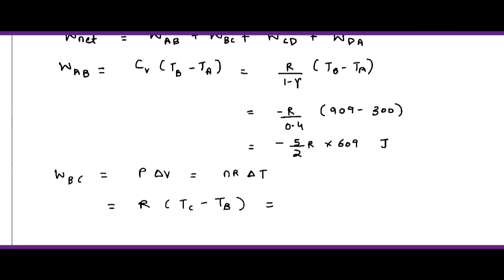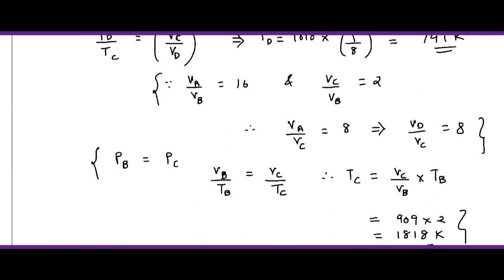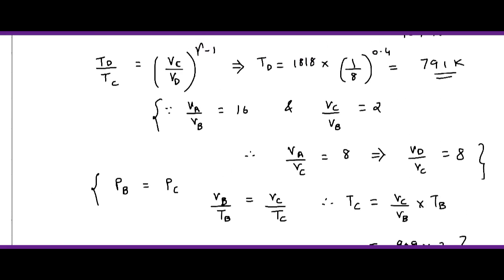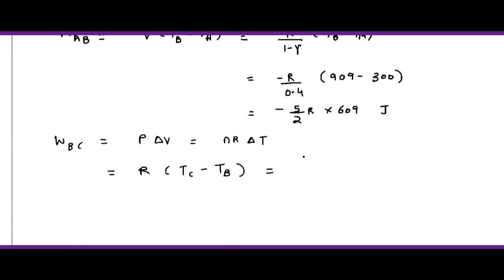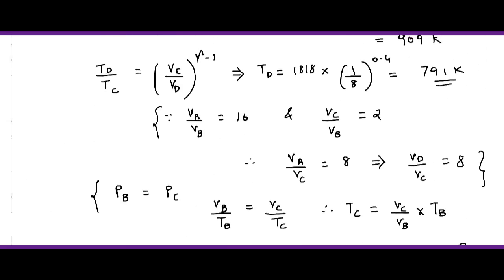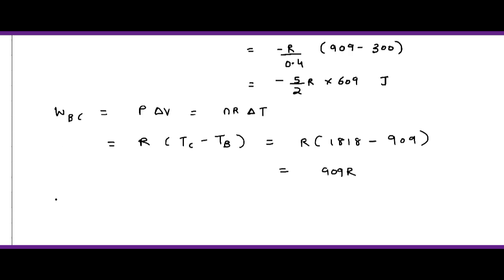Tc we have calculated as 1818, and the value of Td is 791. So we can write R into Tc, 1818, minus Tb, 909. This value comes out to be 909 R. Let's check once again: the value of Tb is 909. Okay, so let's proceed further. So this is the work done from B to C.